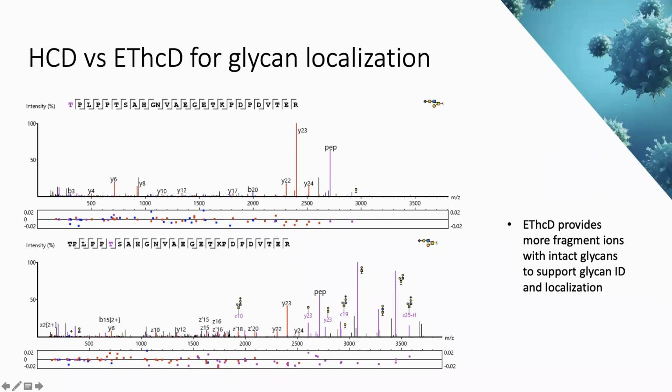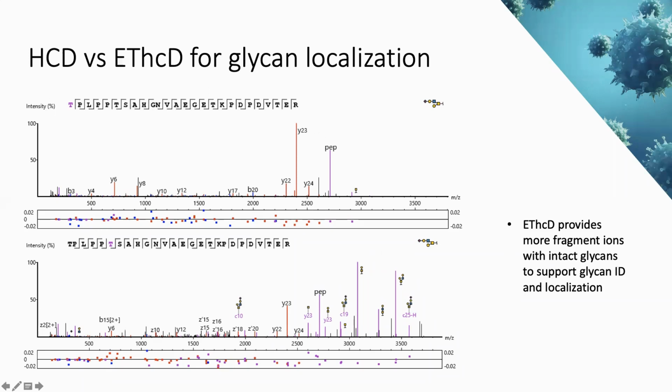We do have some smaller oxonium ion products present, but really no fragmentation ions that would allow us to localize this glycan to any particular serine or threonine residue within the peptide. So we're really not confident where this glycan is attached.